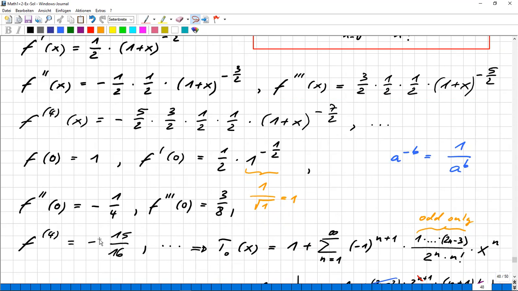So try yourself. We have 1, 1/2. Let's just disregard the sign for a moment. 1, 1/2, 1/4, 3/8, 15/16. It seems that in the numerator, we are constructing sort of products of odd numbers.